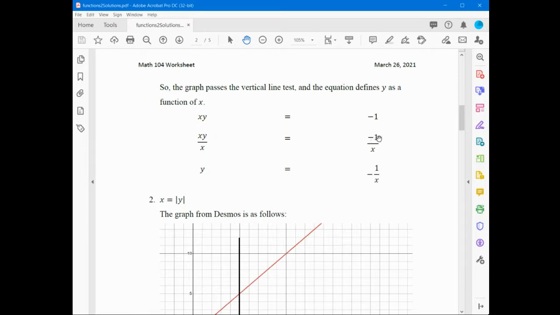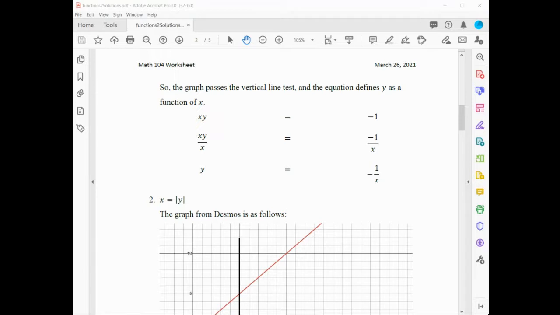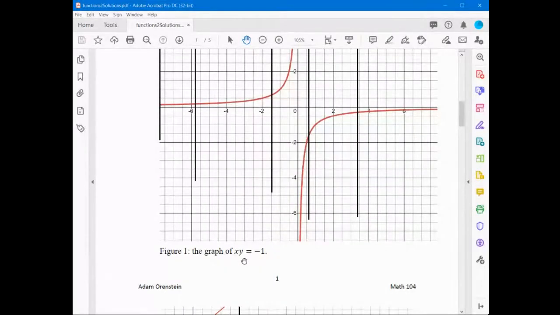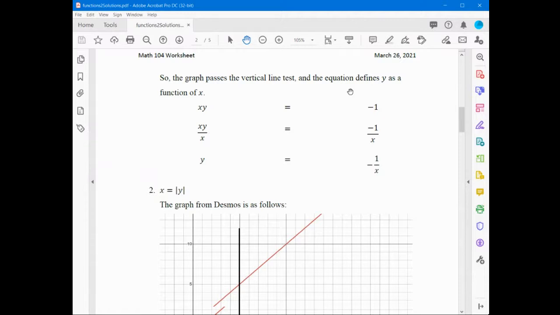The negative was with the 1, so it's the same thing. Keep in mind also that x is not 0. The equation says x times y has to be -1, so you can't have x equal to 0. That's impossible, because 0 times anything is 0. So what I did over here is legit.